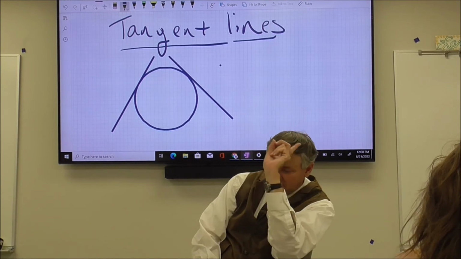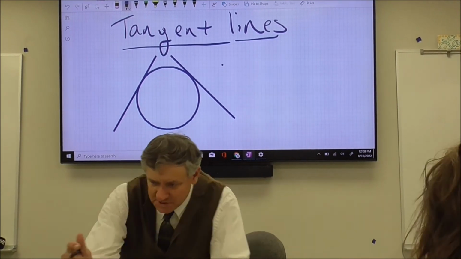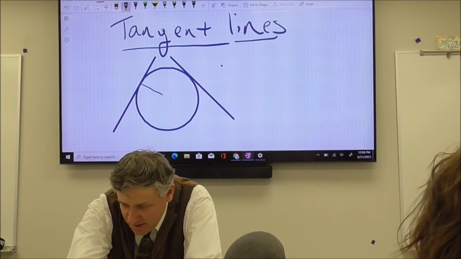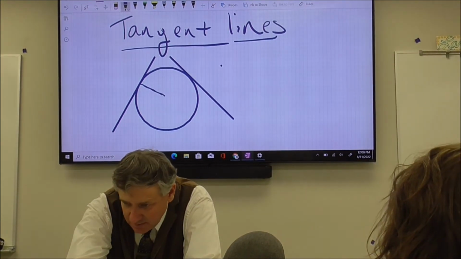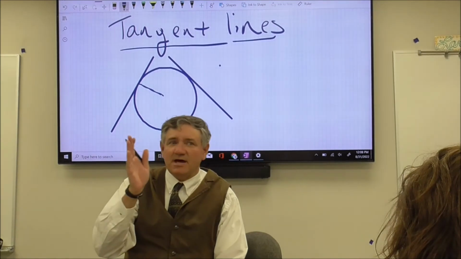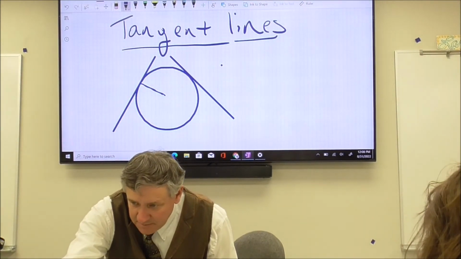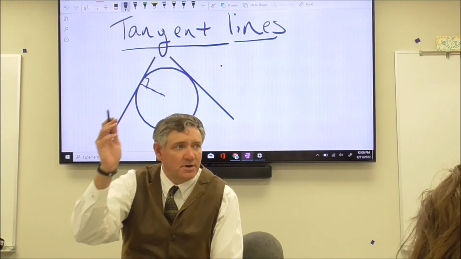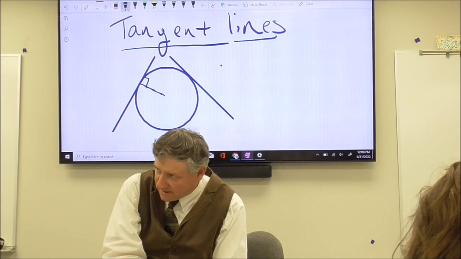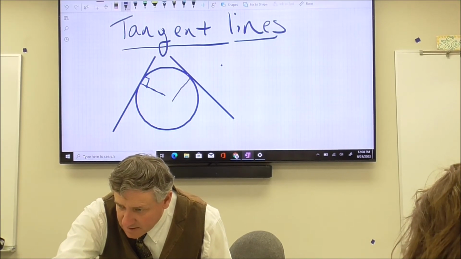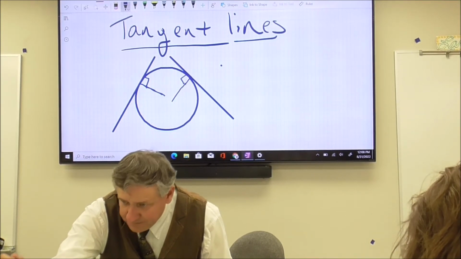One. So, what you have to do is imagine that here's the radius of that circle, and the tangent is going to touch that circle at one point, and that's going to be at a right angle to your radius line. Over here, here's your radius, that's a right angle, right?